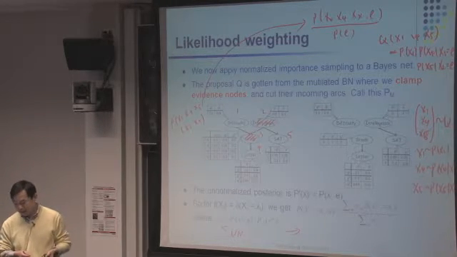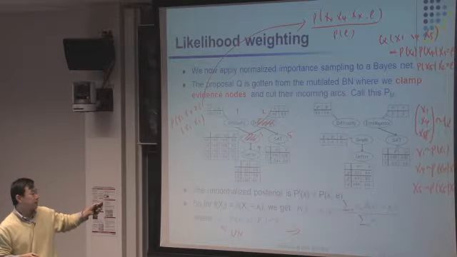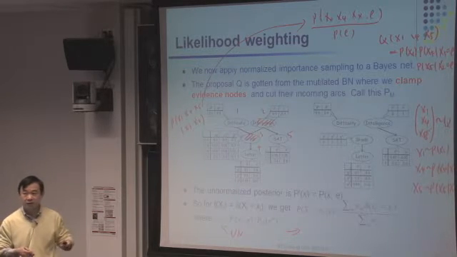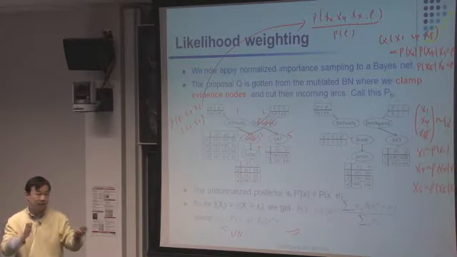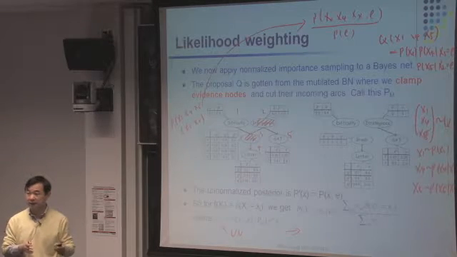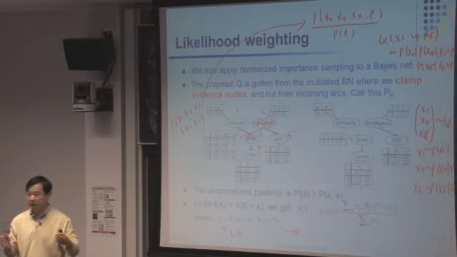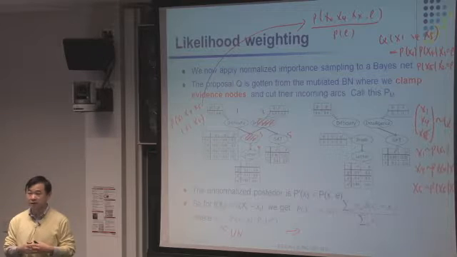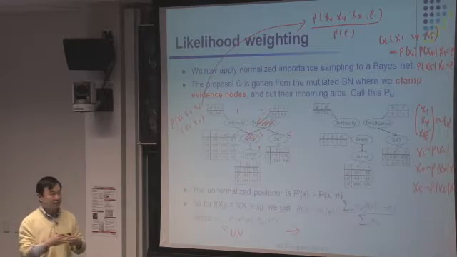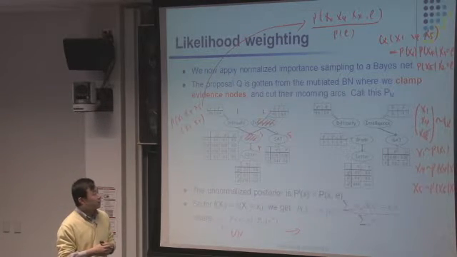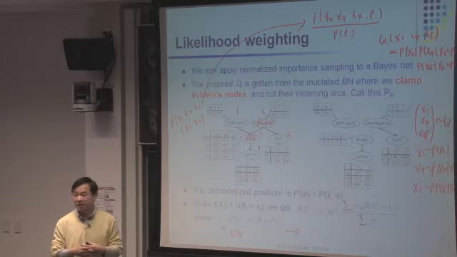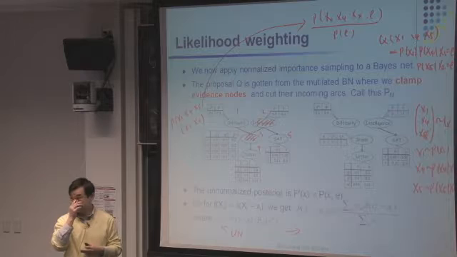So at the end of the day, you get samples of these three random variables, together with their normalized weights, as a set of true samples that you can use for other purposes. Let me ask what other purposes there are. With this sample, what kind of inference can I do?